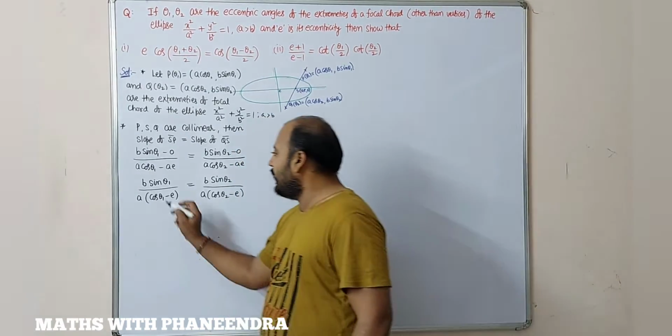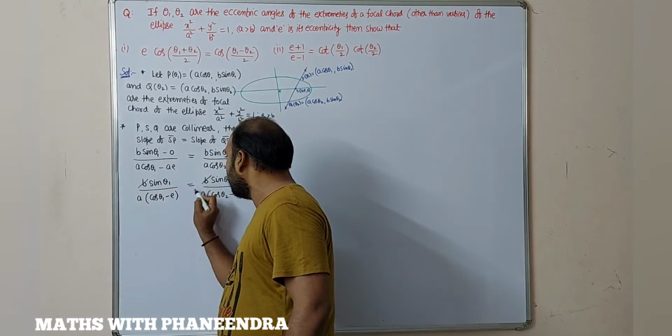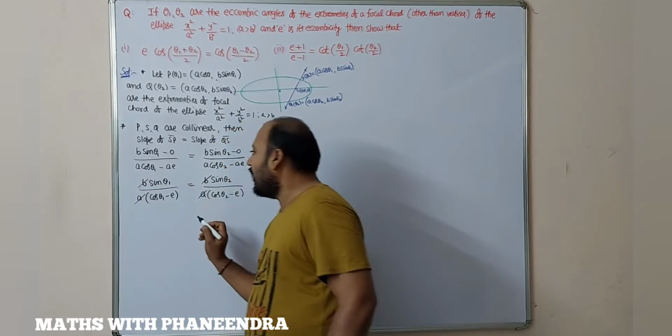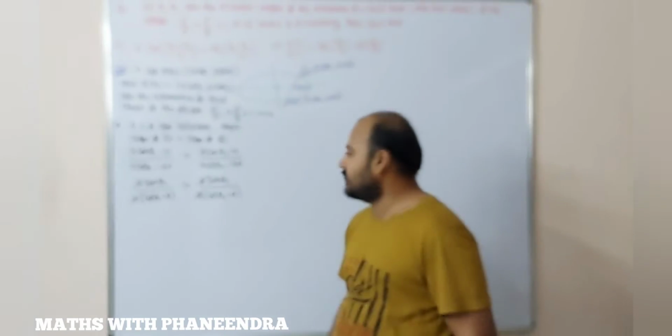Both sides B by A you have to cancel it and then cross multiplication.